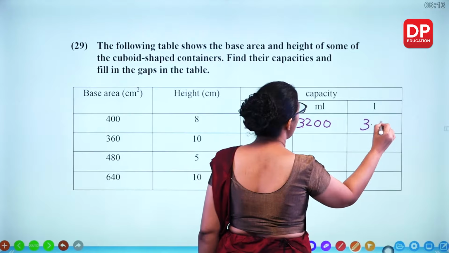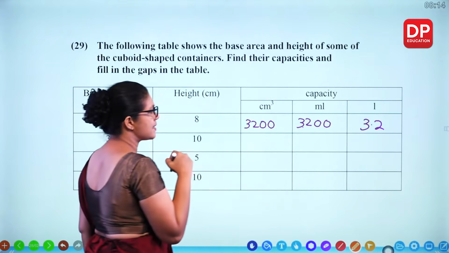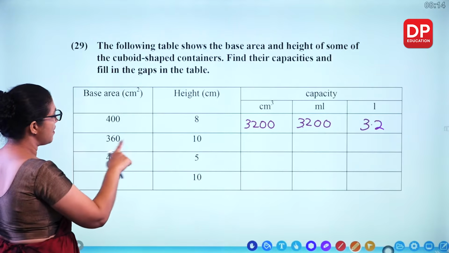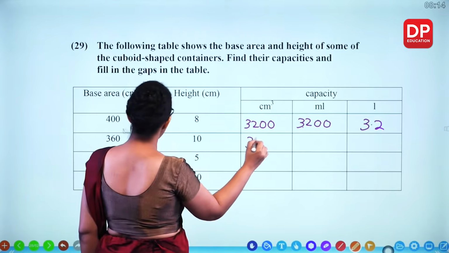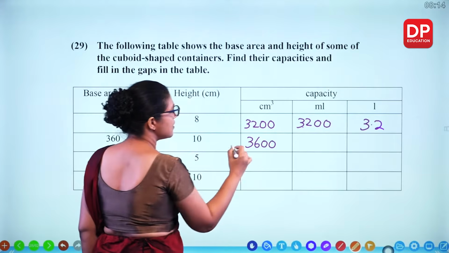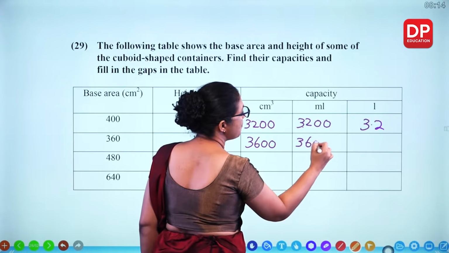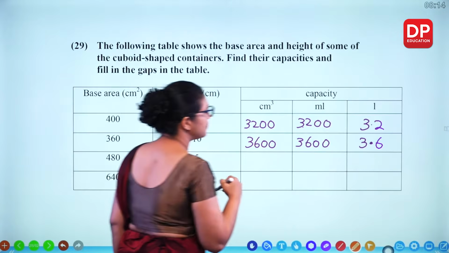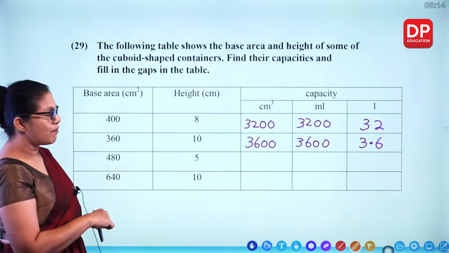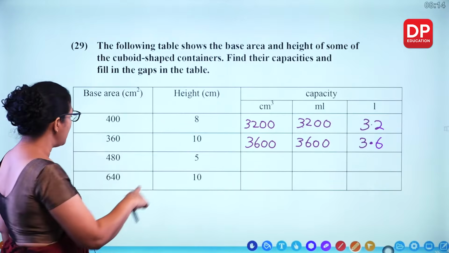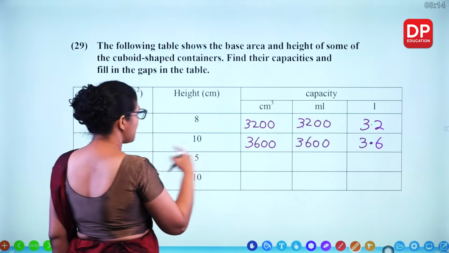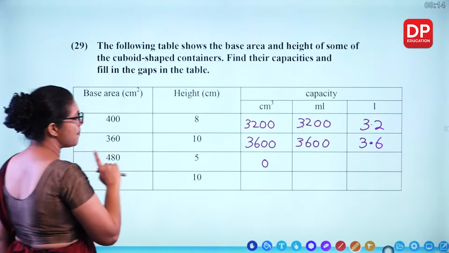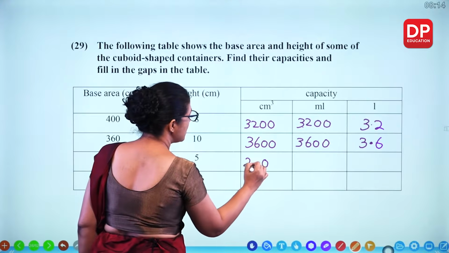You get 3.2 liters. This one, 360 multiplied by 10 means 3600. Same value here. Divide by 1000, 3.6. 480 multiplied by 5. 5 times 8, 40. 4 remaining. 5 times 4, 20 plus 4, 24.